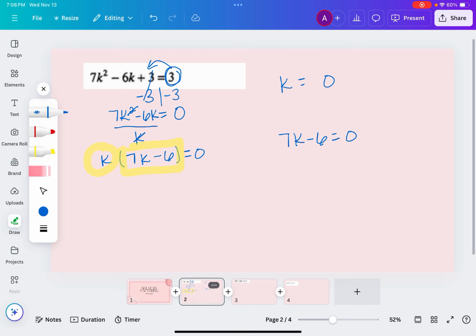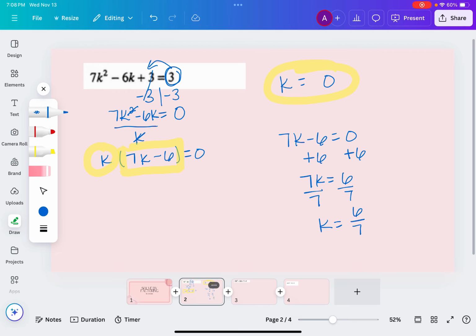Okay, this top one up here is actually done. K is already isolated. So I know one of my x-intercepts or solutions is 0. This second one, I need to go ahead and solve. So plus 6, 7k equals 6, divide by 7, divide by 7, k equals 6 over 7.